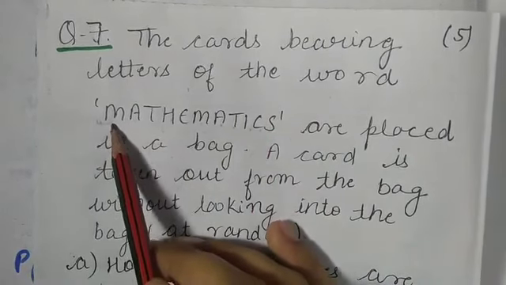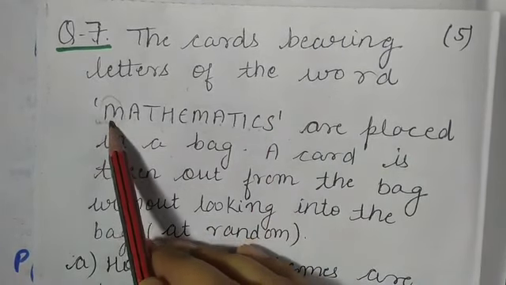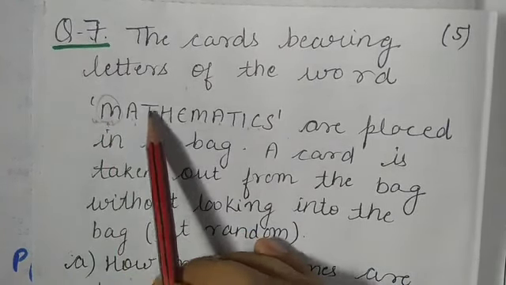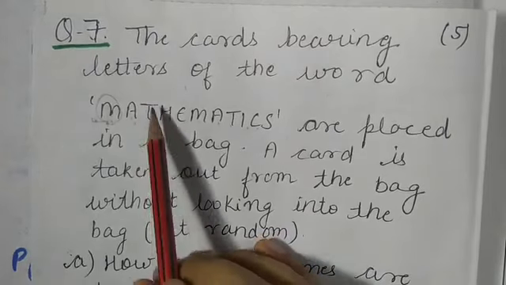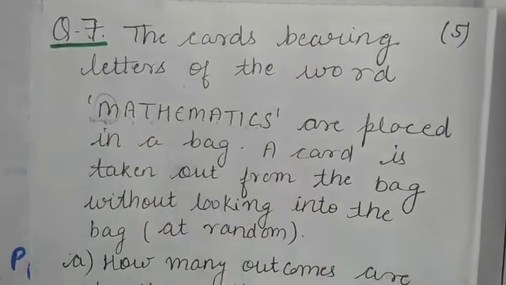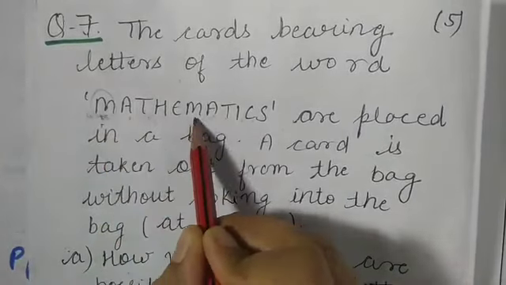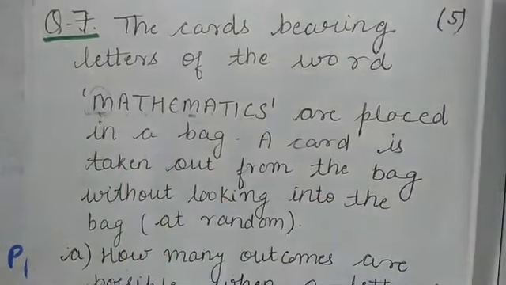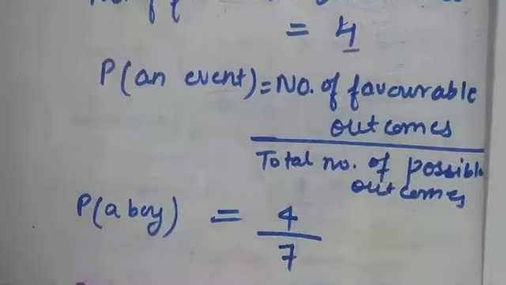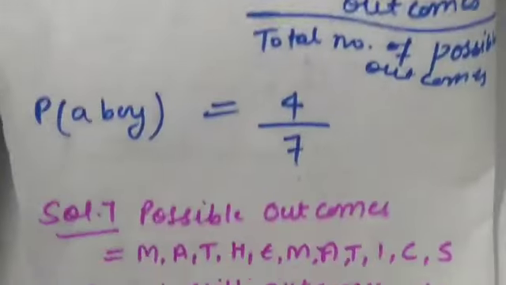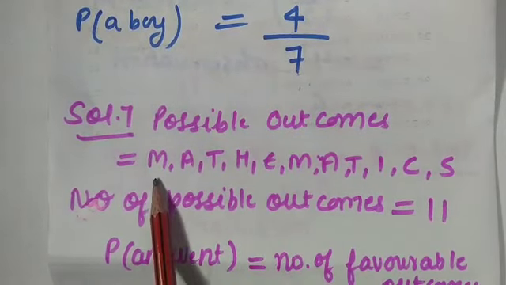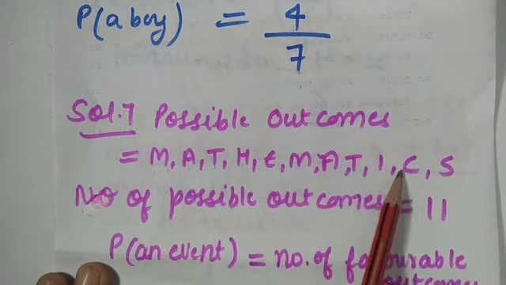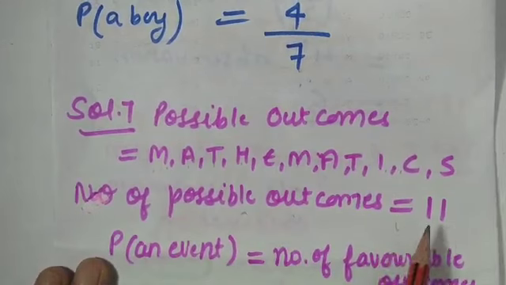So we have one card of each letter, the same way for each alphabet. Here M occurs twice, so there are two cards of letter M. So the possible outcomes are cards of letter A, 1, 2, 3, 4, 5, 6, 7, 8, 9, 10, 11. So the number of possible outcomes is 11.